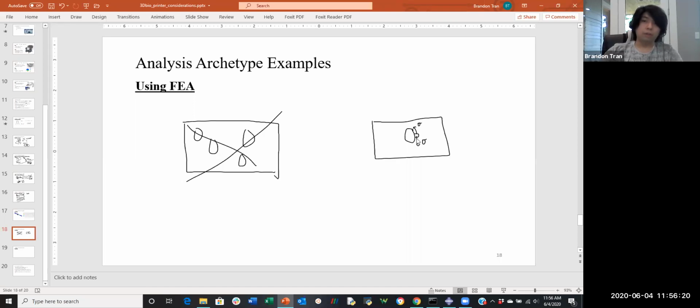If you find that your stress concentrations at these points match your finite element analysis, then you're doing it correctly. Then you can start transitioning to more complex shapes, because now that you know the model is valid, you can start adding more and more complexity because you know your fidelity is high. So that's essentially how you tackle finite element analysis.